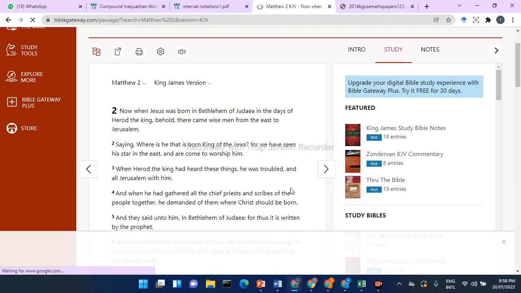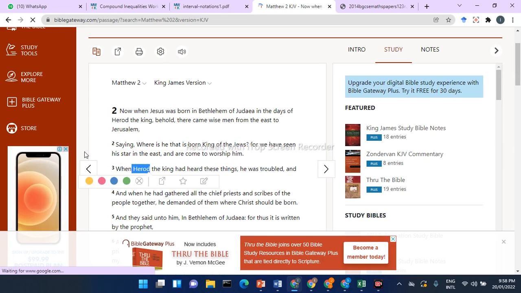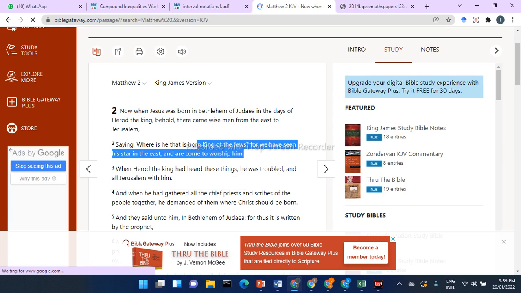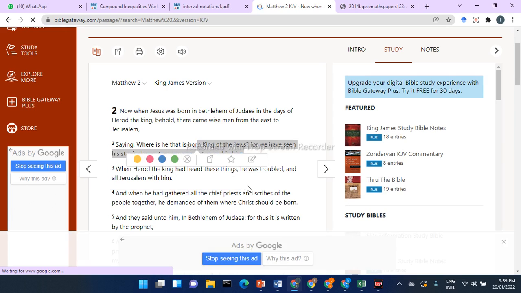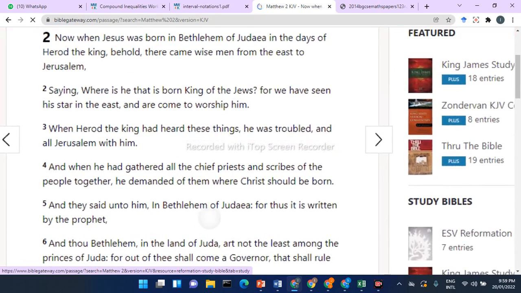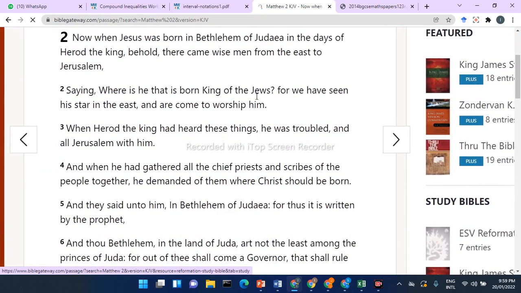It says, so they came to Herod with this question, where is he that's born King of the Jews? And you need to understand that Herod was a man in power, and he's actually a king himself, Herod the king. So when he hears these wise men asking where is he that's born King of the Jews, as a king himself he is feeling anxious, he is feeling threatened by a baby.